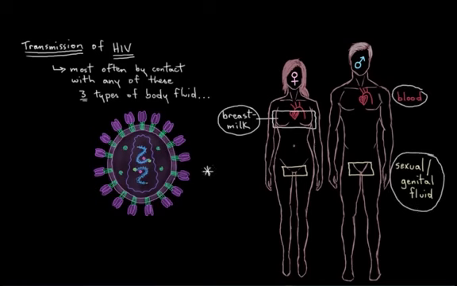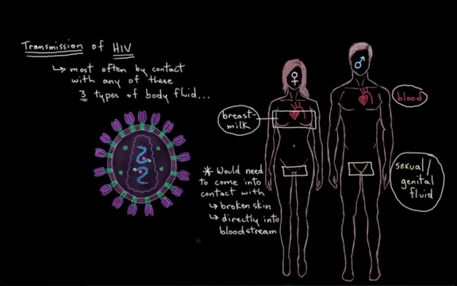And let me just make it clear that these infected body fluids would need to come into contact with broken skin or directly with your bloodstream, maybe via an injection or something like that. Or they'd have to come into contact with one of your mucous membranes, which are just parts of your body that aren't protected by normal skin.